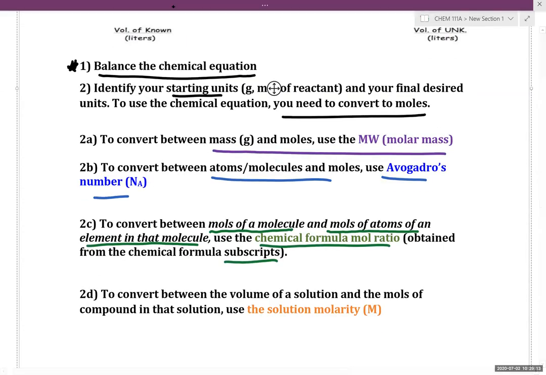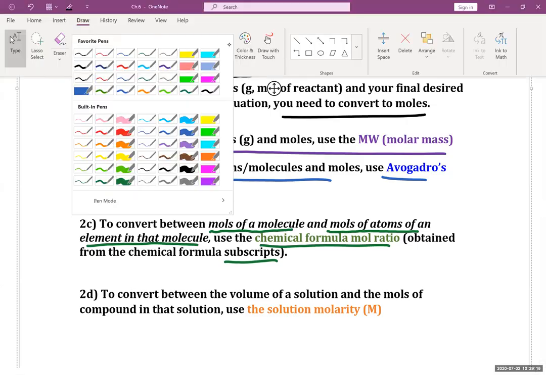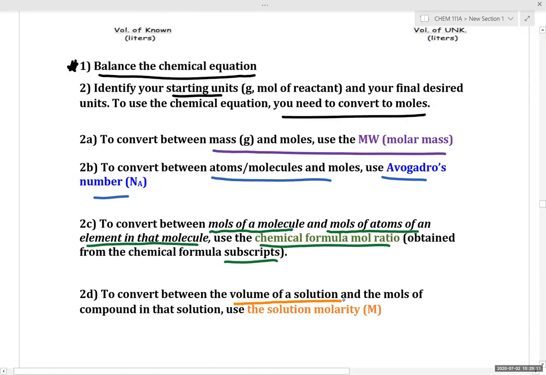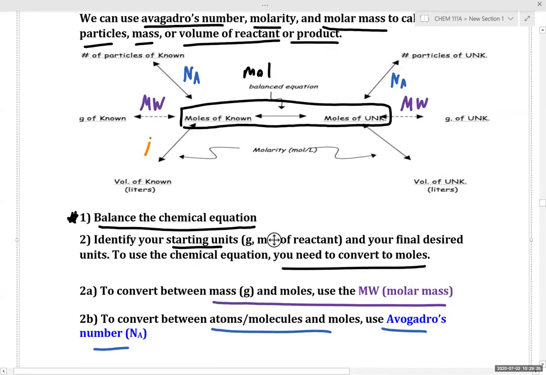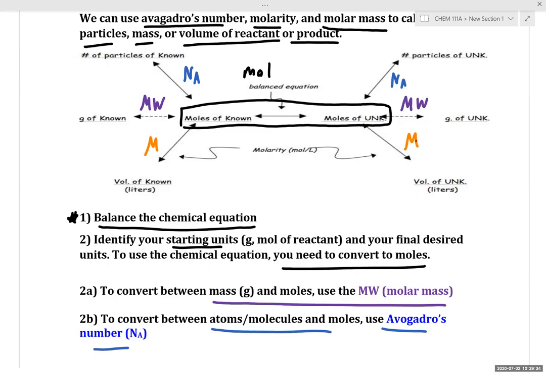And finally, if you want to convert between the volume of a solution and the moles of compound in the solution, you use molarity. That's where this volume term comes from. We can relate the moles of a chemical species to the volume of solution containing that chemical species using molarity.